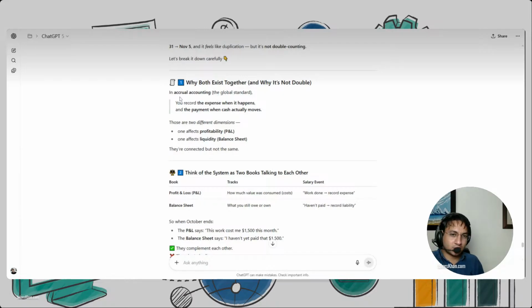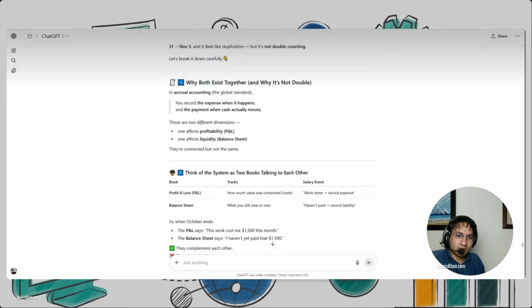Accrual is an interesting concept. You record the expense when it happens, and the payment when cash actually moves.